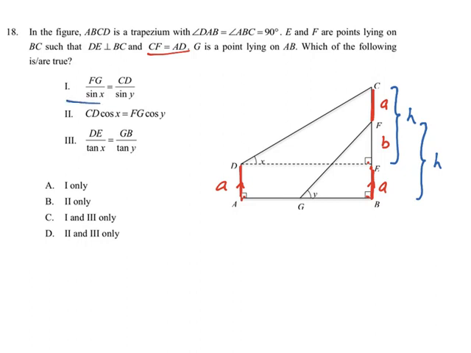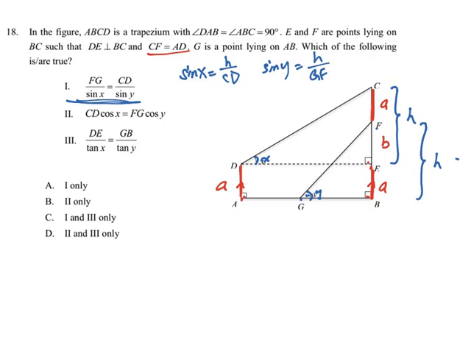Okay, for 1, we're looking at side x and side y. We'll compare this x and this y. Sine is opposite over hypotenuse. So for sine x, it is h over CD. And for sine y, opposite is h also, over GF.